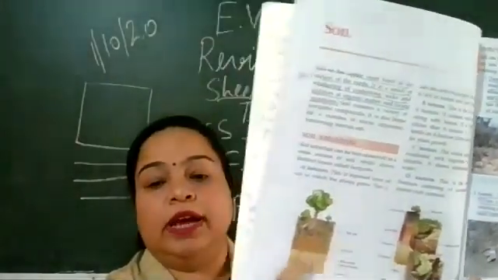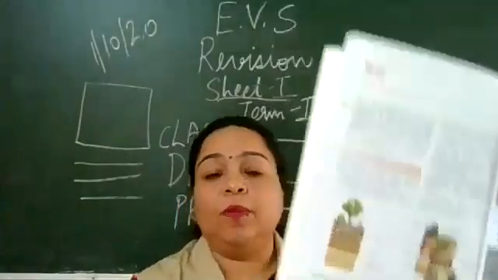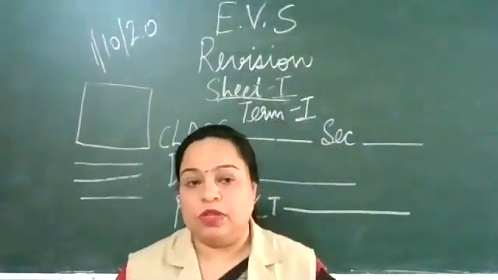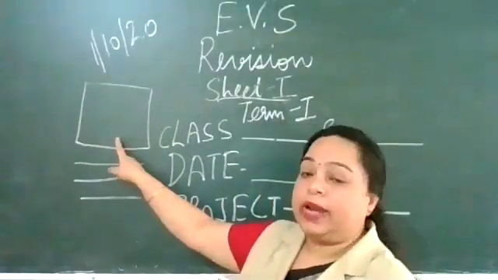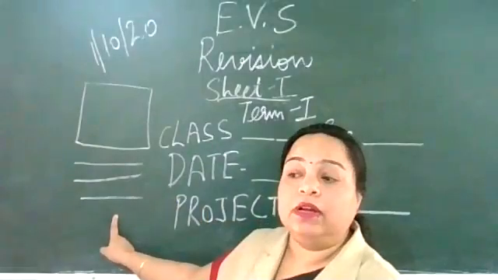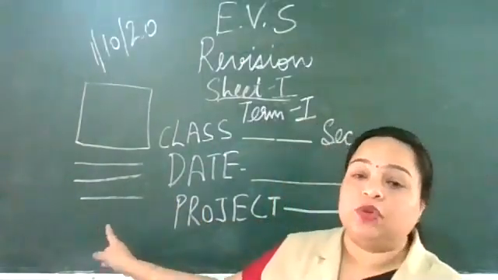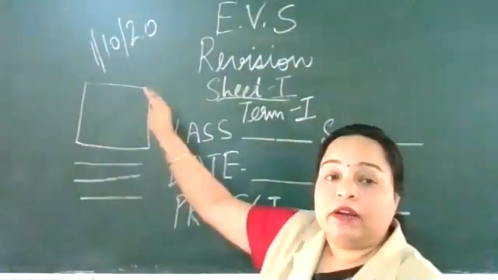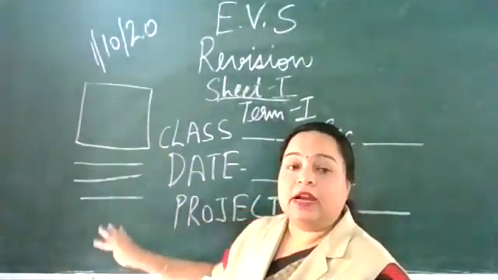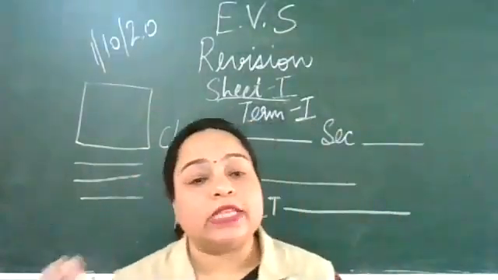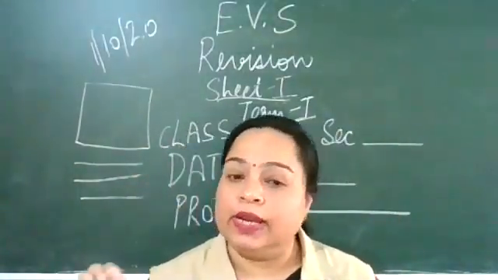So both the diagrams you can draw, and you can paste pictures. And apart from drawing and pasting pictures, you have to write down the explanation for the relevant diagram.